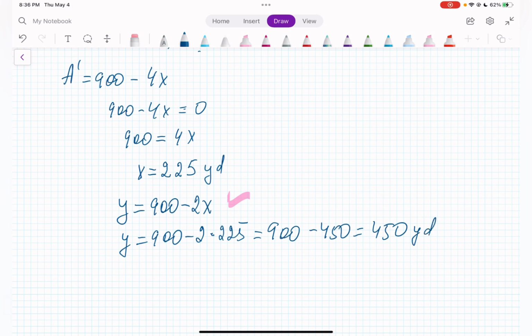So from here, the maximum area is 225 times 450. And we are getting 101,250 square yards. Okay, let me write down this number so I can enter the answer.